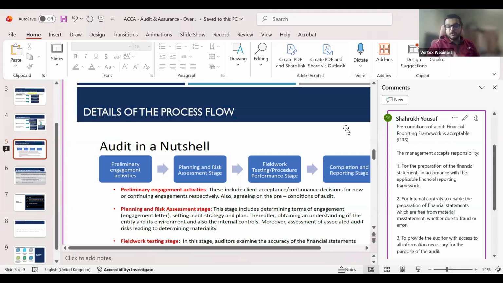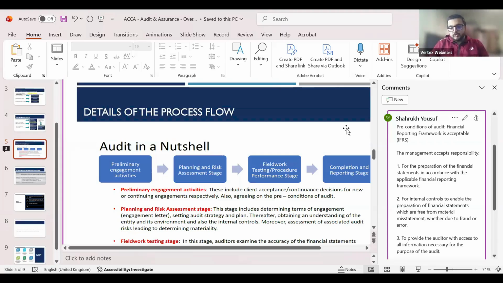So this is what you have to agree with the management, that Mr. Management, you need to accept your responsibility for preparing the financials in accordance with the applicable framework, which is your IFRS, the accounting standards. Obviously, statements are prepared in line with some framework, with some standard, and that framework is called your IFRS, International Financial Reporting Standards.